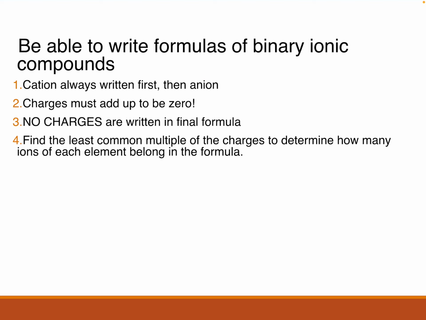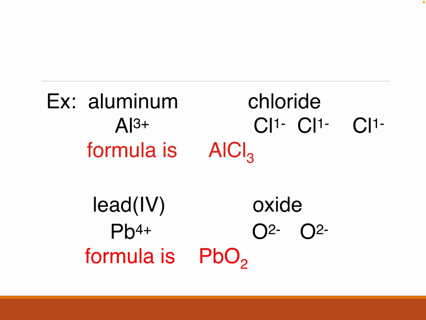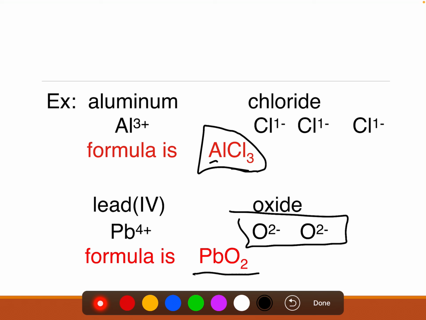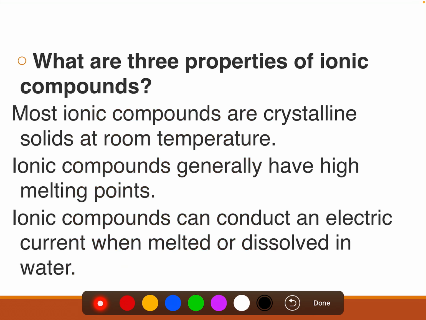Charges have to add up to equal 0, and you do not write any of the charges in the final formula. To do this, you just find the least common multiple of the charges and make sure they cancel out. So, for instance, aluminum chloride, aluminum's +3, chlorine's -1, so this would be the formula. Lead 4 oxide, lead 4 meaning it's lead with a +4 charge, so you have to have 2 oxygens, because each of them are -2, to cancel this out, so you got PbO2.